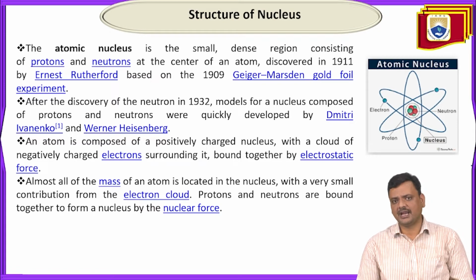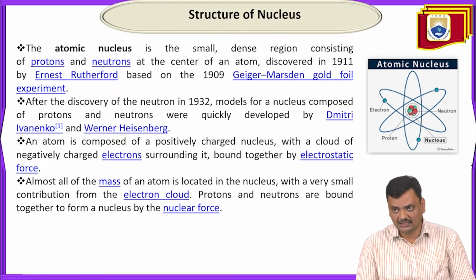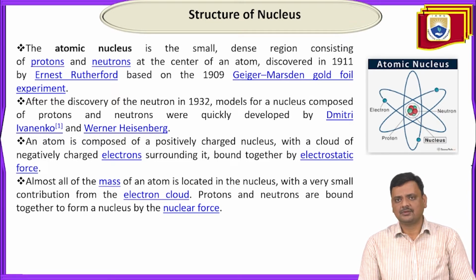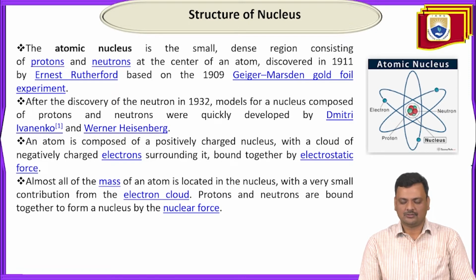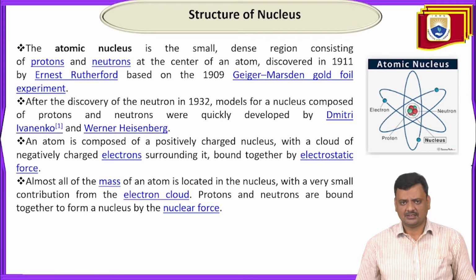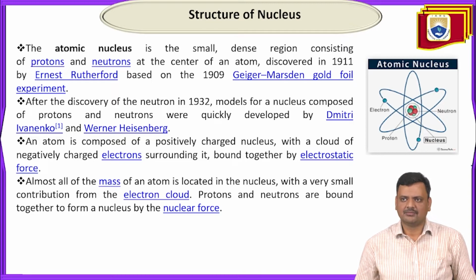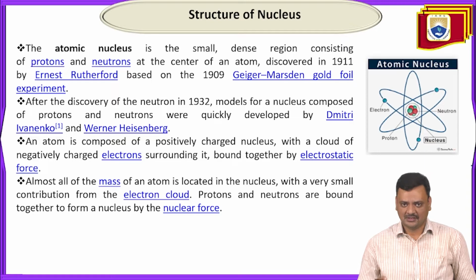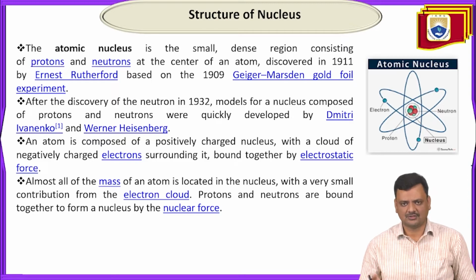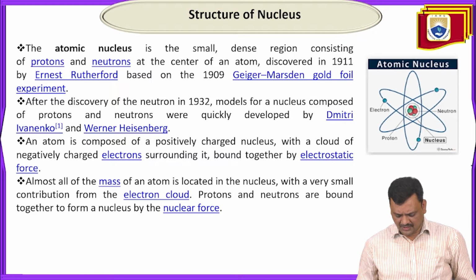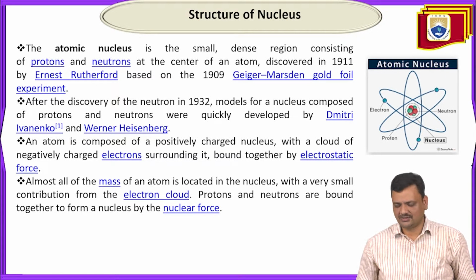Before understanding these fission or fusion processes, we have to have knowledge of the basic entity, that is the atom. That means the structure of the atom, and the masses of its constituents like proton, neutron, electrons, and how they are located.